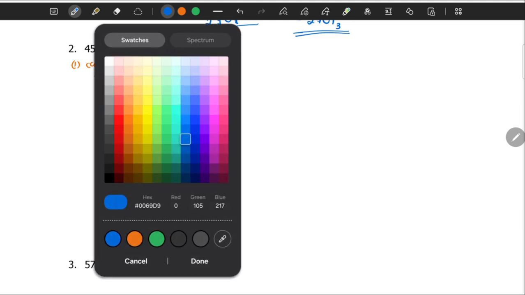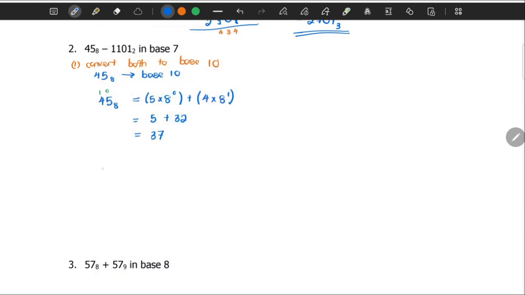Right. And then the next one is 1101 base 2 to base 10. Expanding, that's power 0, power 1, power 2, power 3.